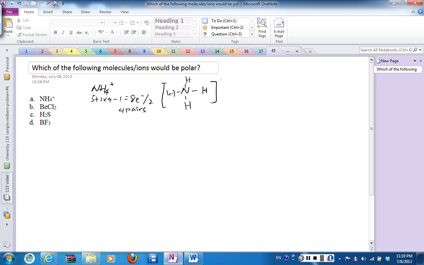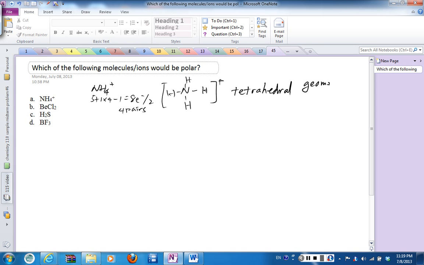No rearrangement. We're good. And with this electron configuration, and with 4 regions of electron density, we're talking about tetrahedral geometry, and since there's no lone pairs, it's tetrahedral shape as well.